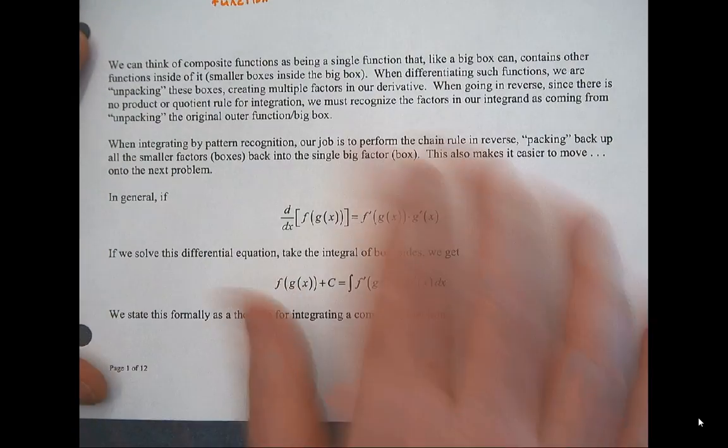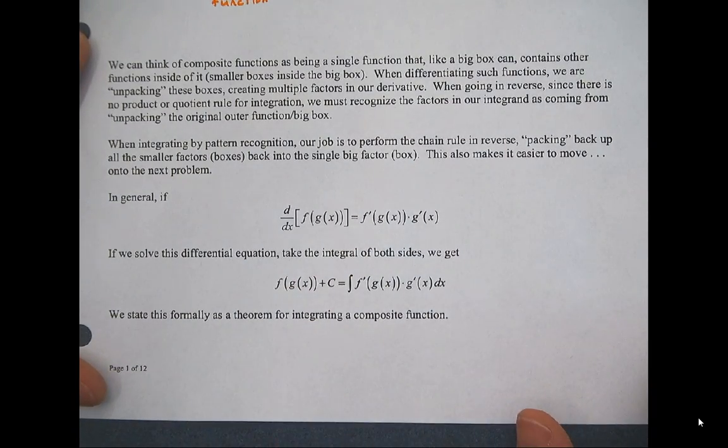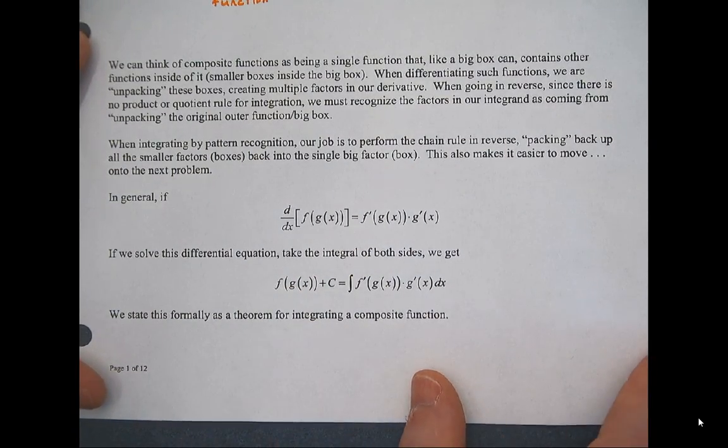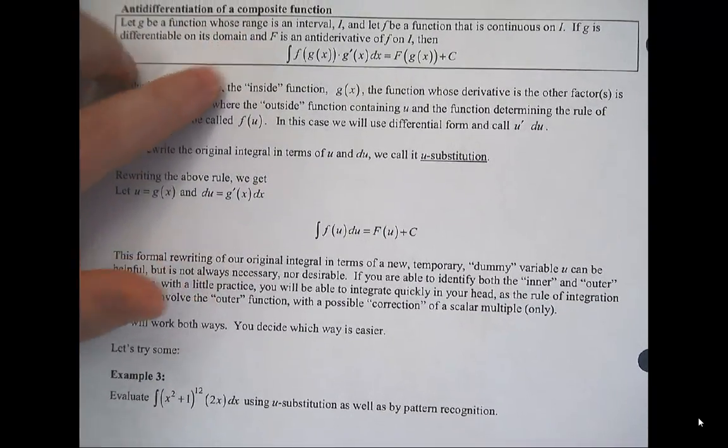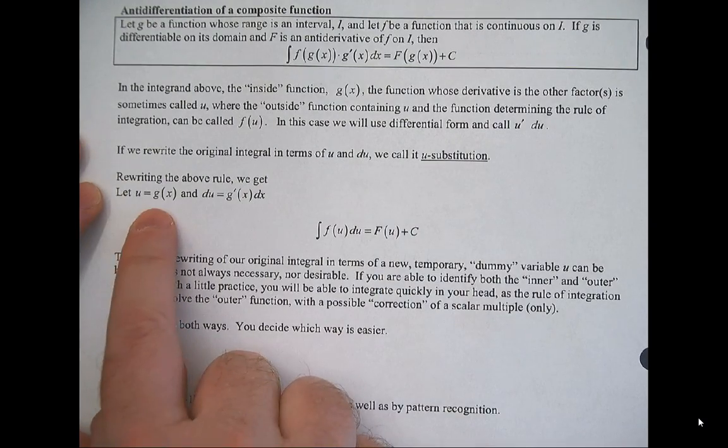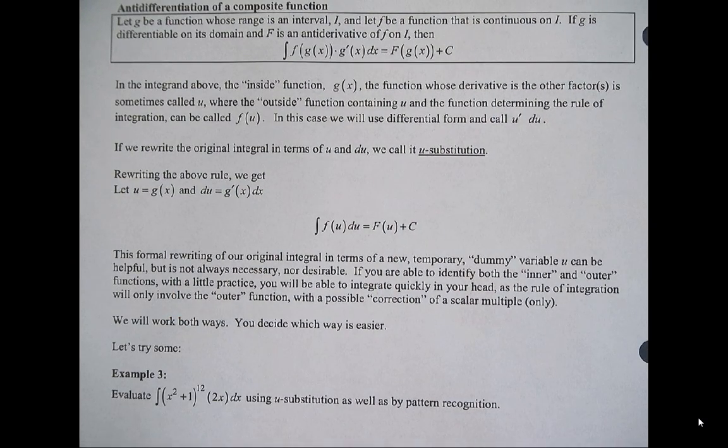So here's some stuff. I think it's easier to just look at some examples to get going. So I'm going to skip right to u-substitution. I think this is worthwhile to highlight in here.